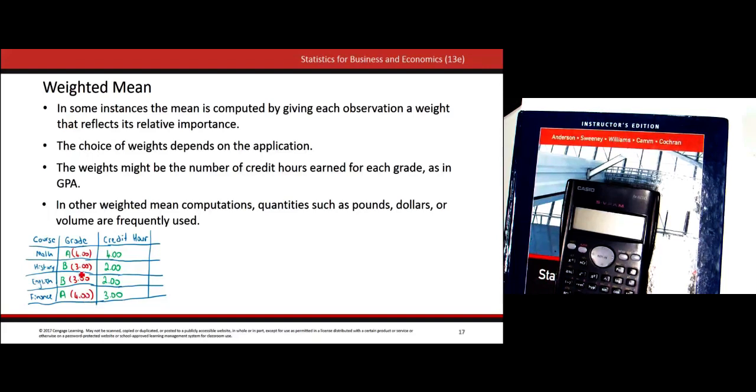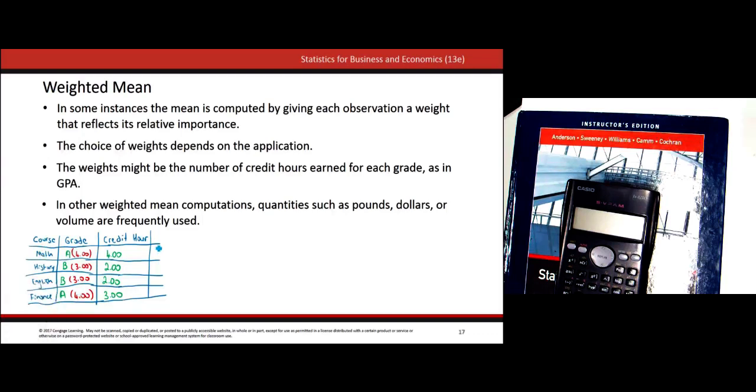We cannot just add these grades and divide by the number of courses, because they don't have equal credit hours. For this student or for this major, math is more important than history, or finance is more important than English. So they don't all have equal credit hours, so we cannot just add these grades and divide by the number of courses. We have to calculate the weighted mean.